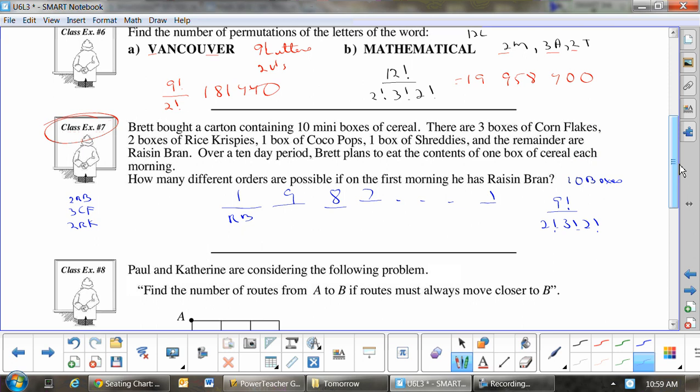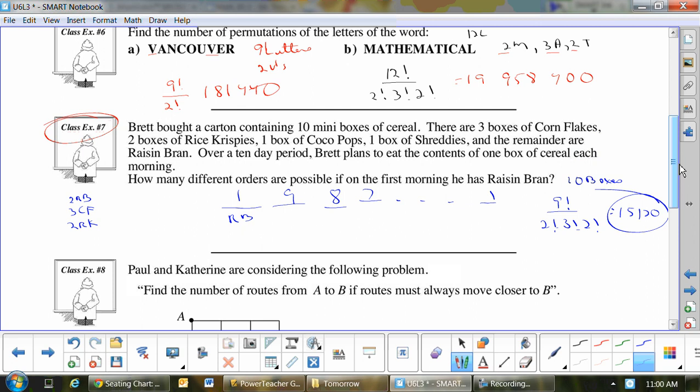Because Ross equals Ross, so you can't count that as 2. So I'm going to divide that out. That's why it's divided by 2 factorial, which is 2. So we're undoing the top, which would give me 15,120. Who knew there was that many ways to eat your cereal?